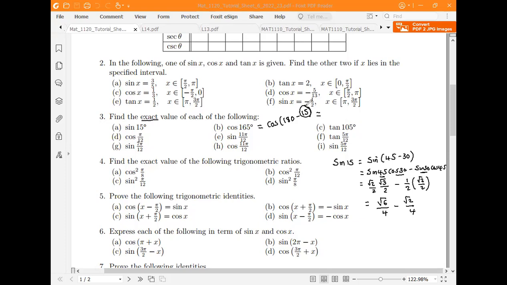What would be the other way? I'm thinking for two numbers. So we have cos 165. We have two numbers we can add there.